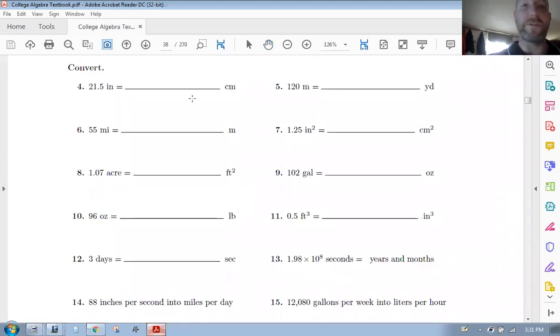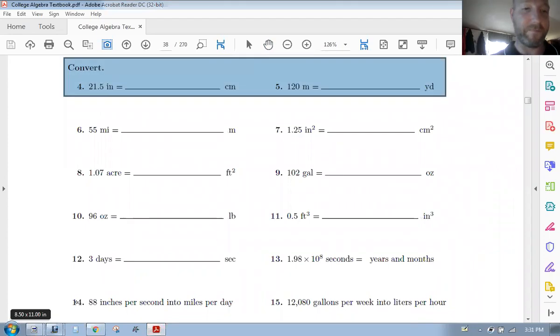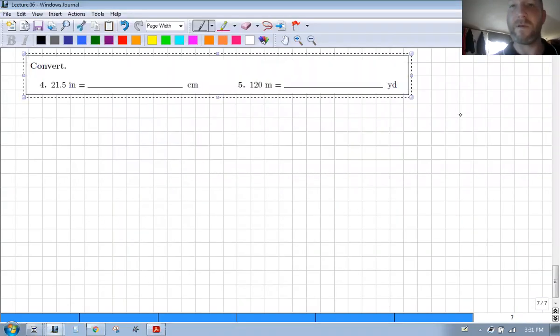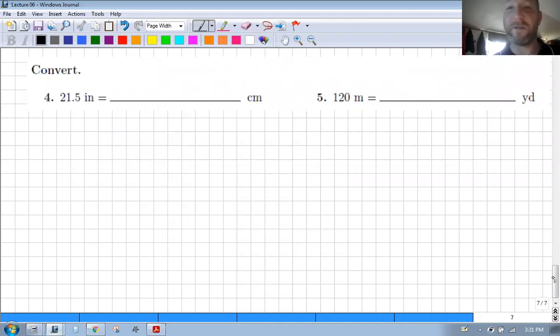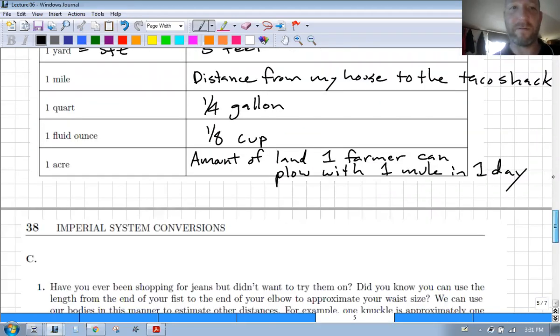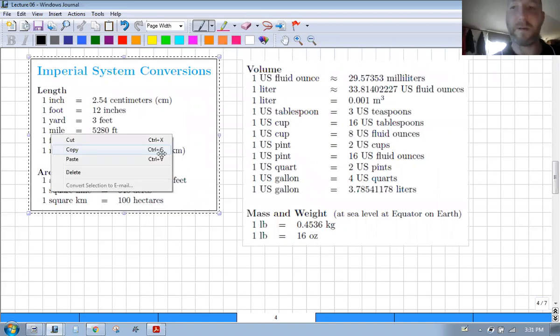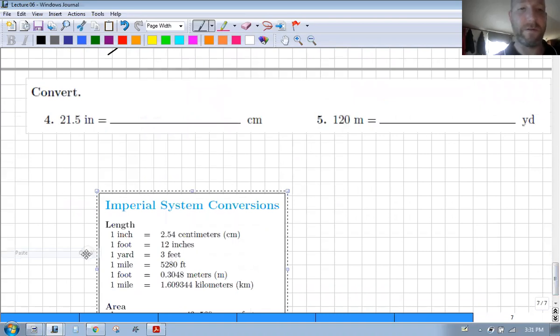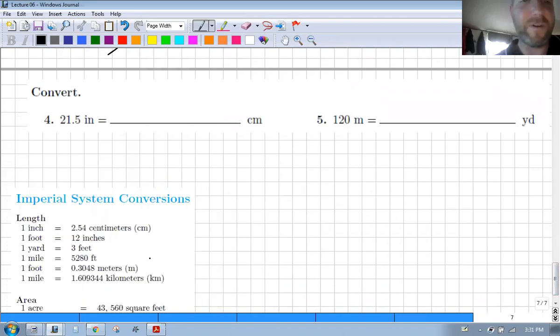Let's do some conversions here. Inches to centimeters. Copy this guy. Use our chart. 1 inch is 2.54 centimeters. So 21.5 inches.